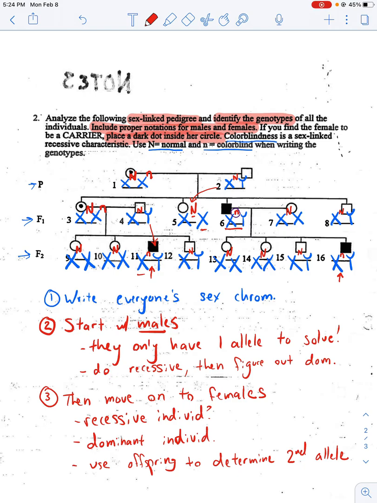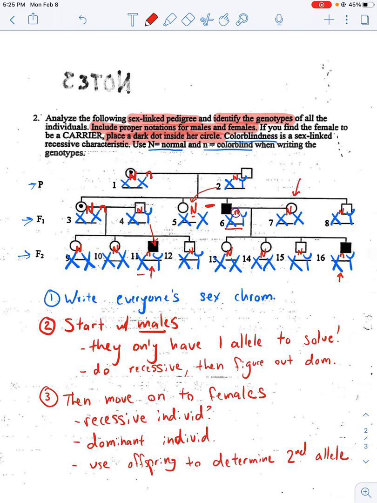But mom, number 1, could have given number 5 a big N, or she could have given her that little n. And number 5 doesn't have any children to help us try and deduce what that second allele is. This is an example of where you put a dash with the sex-linked pedigree. If you don't know the second X chromosome's allele, you may put a dash.